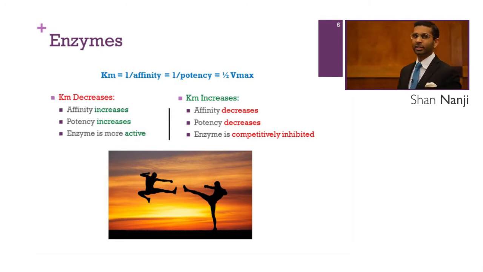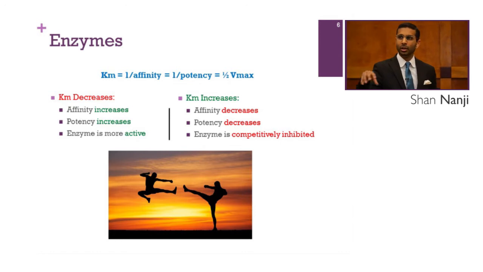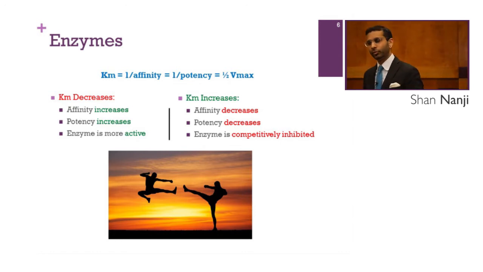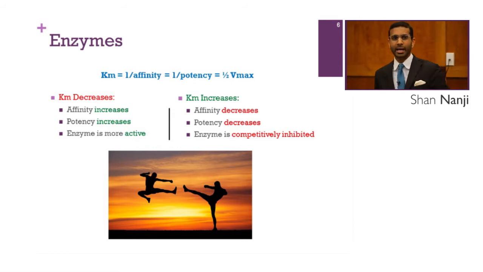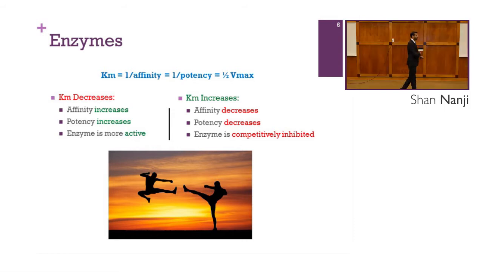And that means the enzyme is more active. That means that there is more substrate around for the enzyme to act, or there are more open sites on the enzyme for the same amount of substrate to bind. If Km goes up, that means affinity goes down, inverse relationship. If affinity goes down, then potency goes down. And that means the enzyme is competitively inhibited.